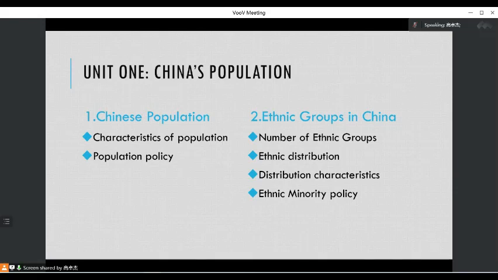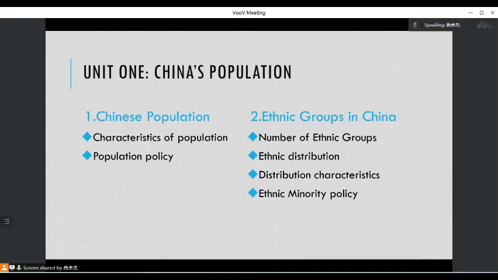But as you know, China has a vast area, a large land. There are some characteristics of China's population.